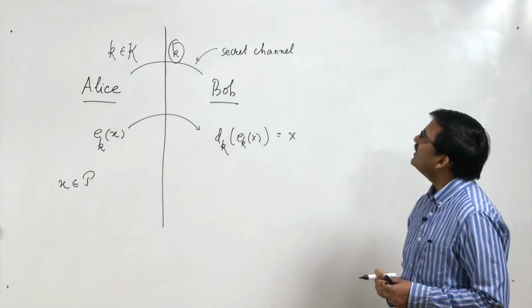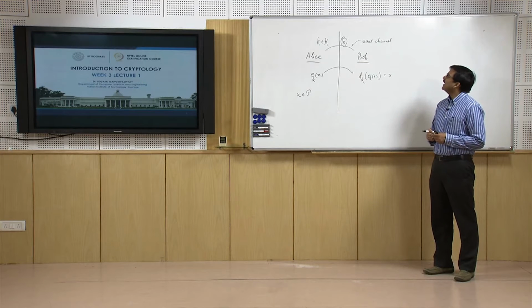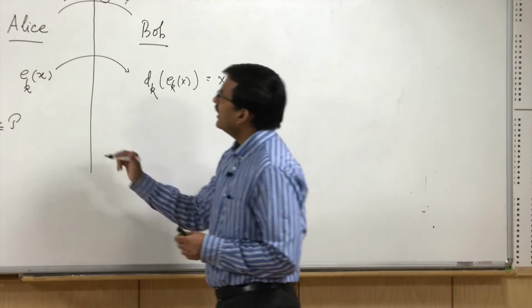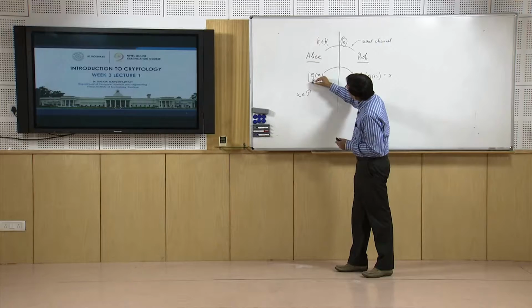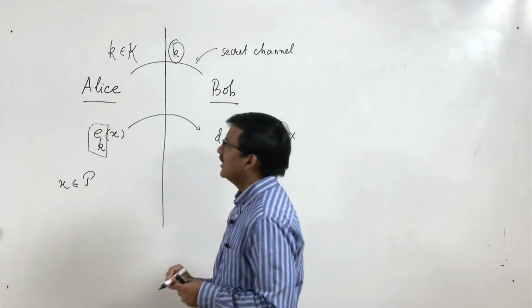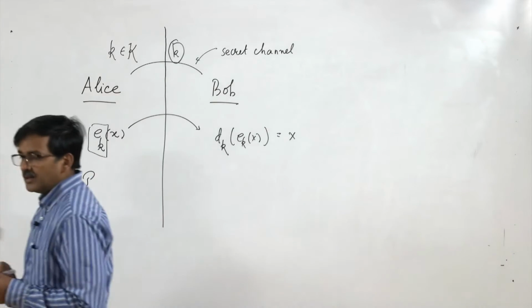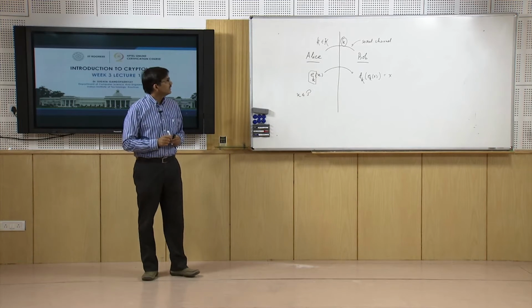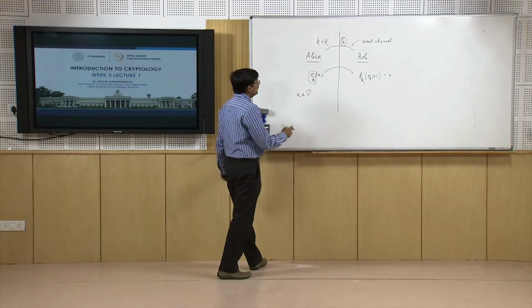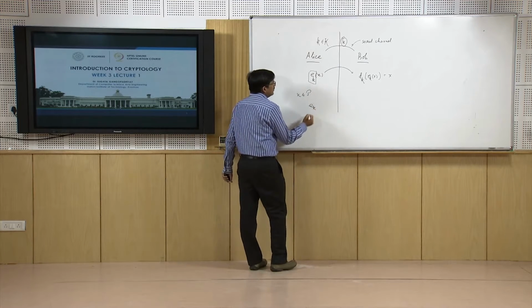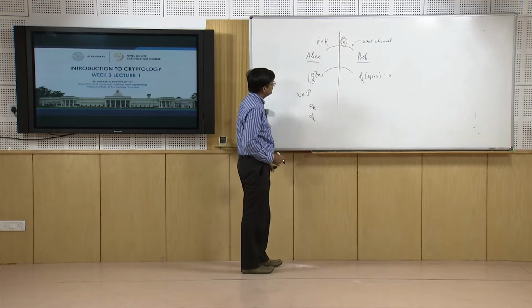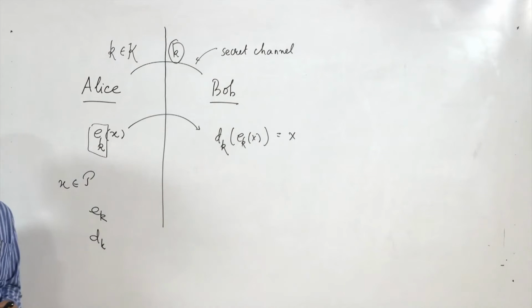Now, suppose instead of giving Alice the key, Bob kept the key to himself and gave Alice only the encryption function. But for the type of ciphers that we have seen so far, knowledge of the encryption function will let Alice know the decryption function without any difficulty.